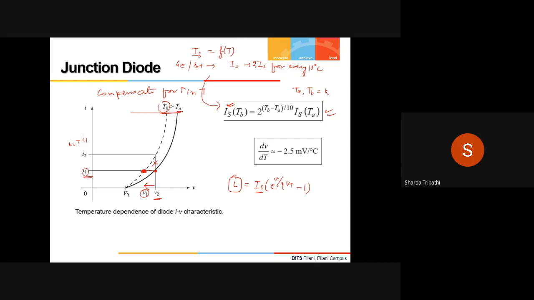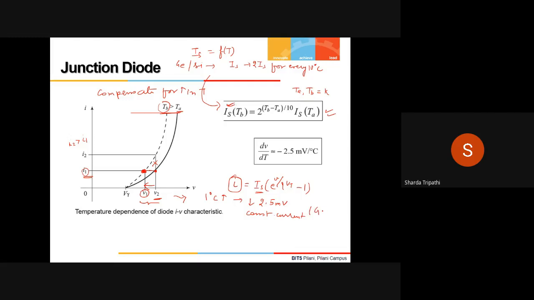So the decrease in voltage is compensating for the increase in temperature, such that the current flowing through the diode remains constant. And by how much should I decrease so that I can keep the current constant? Again, these things are determined experimentally, and it has been shown that for every 1 degree increase in temperature, if I reduce the voltage by 2.5 millivolts, then I can maintain constant current across the diode.